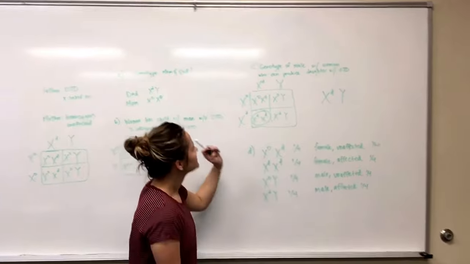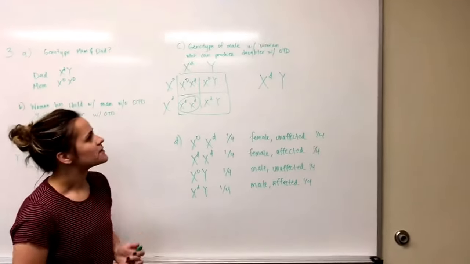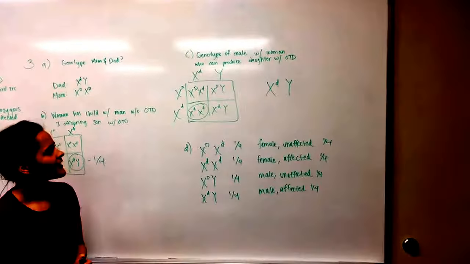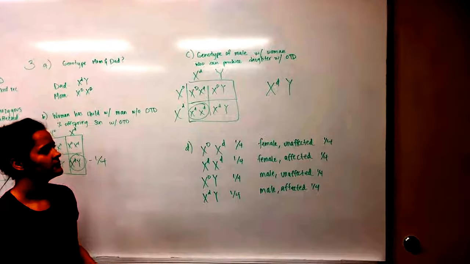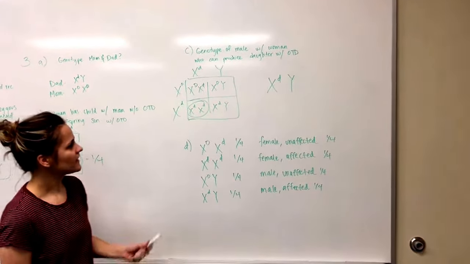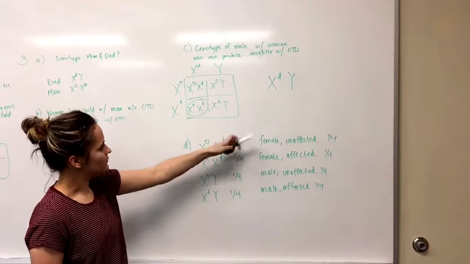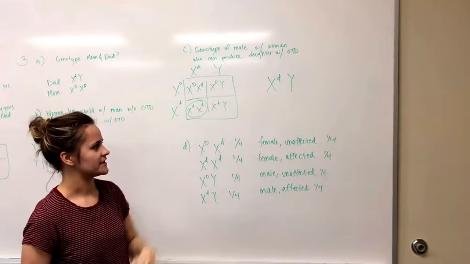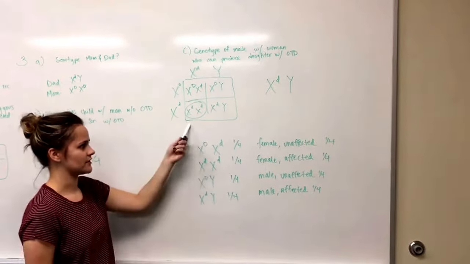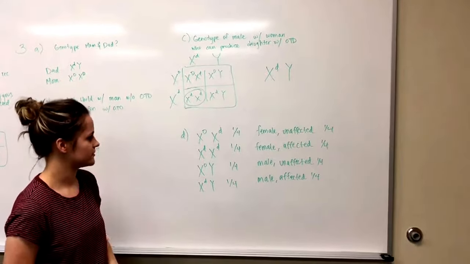For part C, we're looking for the genotype of a male that has a daughter with OTD with the woman. The male would have to be recessive for the trait to be able to get a daughter with the trait.